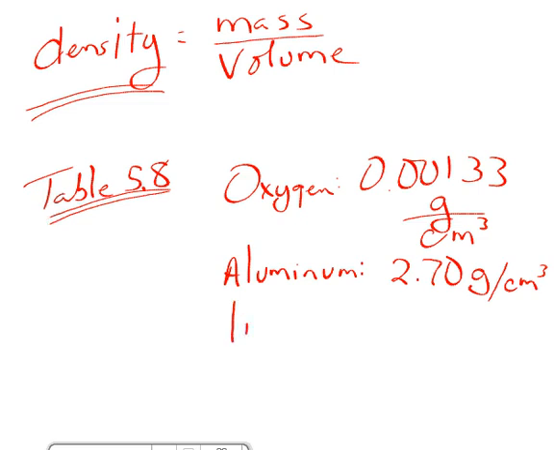When you think of iron, you think of it as heavy, right? The same size piece of iron will weigh a lot more than the same size piece of aluminum. Iron has a density of 7.87 grams per centimeter cubed. It's a lot more dense than aluminum.